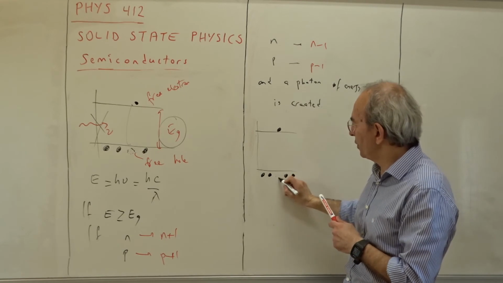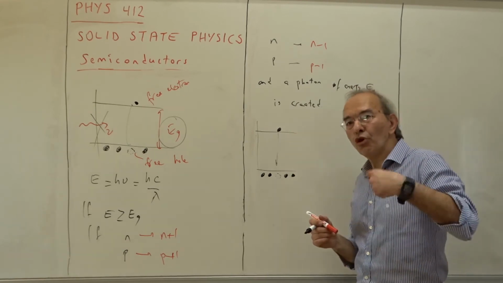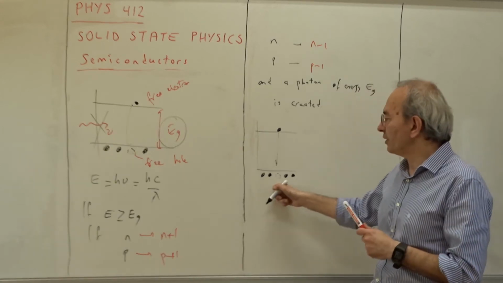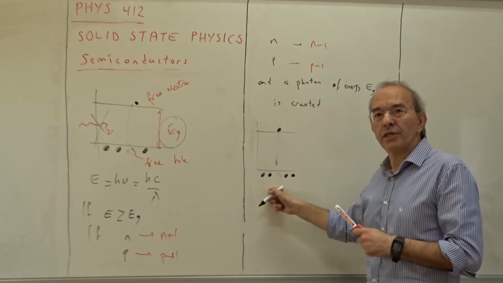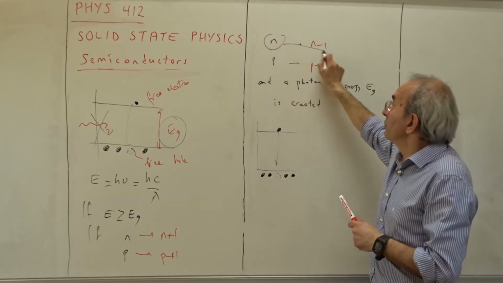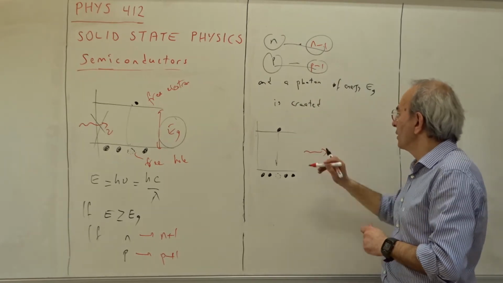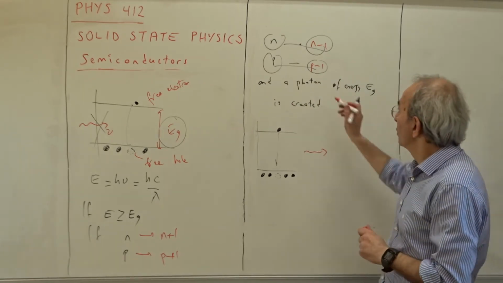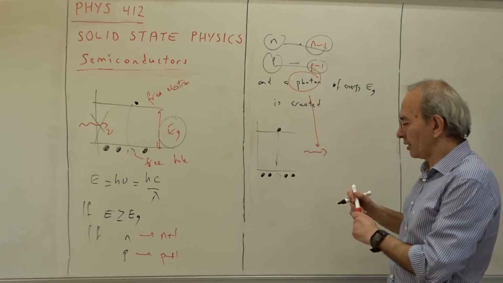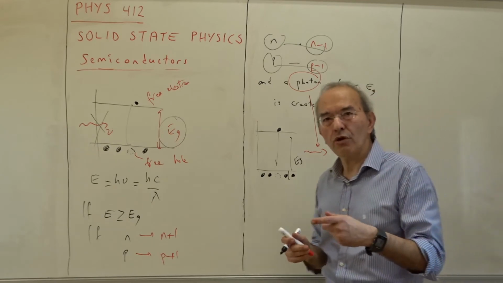And here is the free hole. If this one is dropping in energy and uniting with this free hole, then n becomes 1 less, p becomes 1 less, and as a result, some photon is created. So this photon is created with an energy of this band gap Eg, so many electron volts.